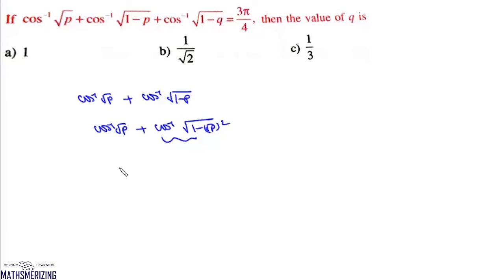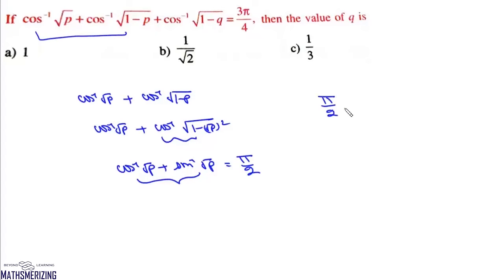So actually it will be cos inverse under root p plus sine inverse under root of p, which is nothing but an identity in inverse trigonometric functions. So it is nothing but pi by 2. So we can replace the first two terms with pi by 2. So it will be pi by 2 plus cos inverse under root of 1 minus q.